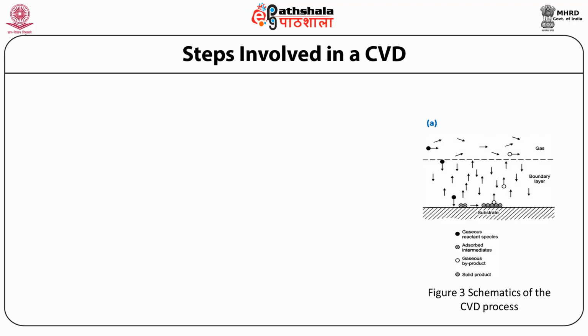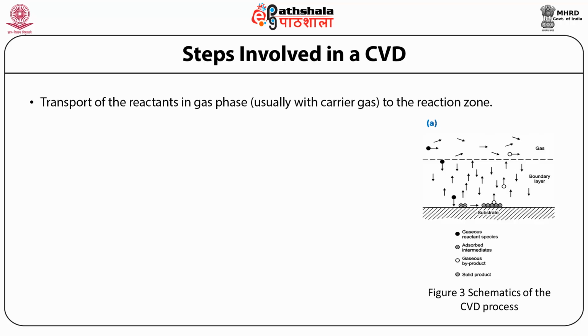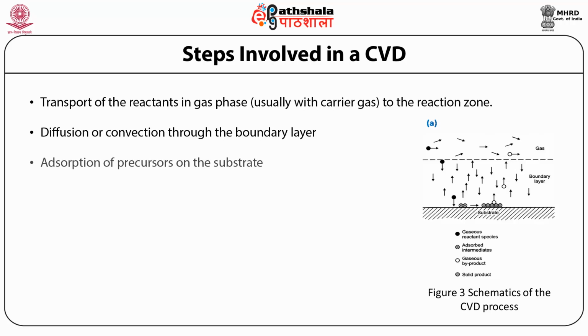The steps involved can be described as follows. Firstly, the transport of the reactants in gas phase, usually with carrier gas, takes place to the reaction zone. Then, the diffusion or convection takes place through the boundary layer. Adsorption of precursors takes place on the substrate.